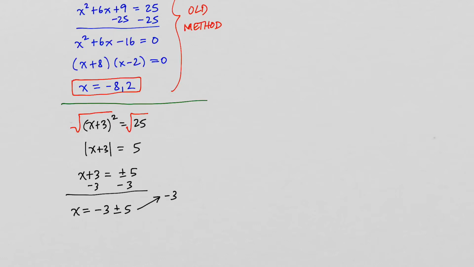One answer is negative 3 plus 5, which is equal to 2. The other answer is negative 3 minus 5, which is equal to negative 8. So notice that our solutions are x equals 2 and x equals negative 8. And these solutions here are the same as what we got using the old method.